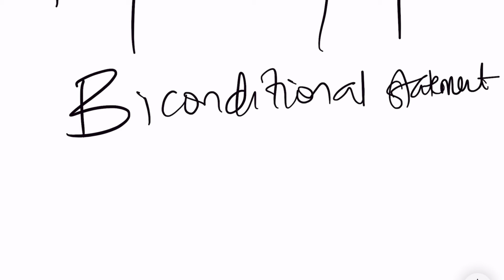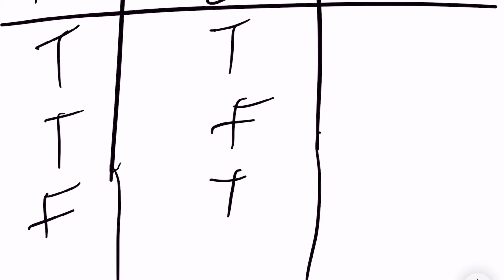Now we have the biconditional statement. We have P, Q, we have P if and only if Q. True, true; true, false; false, true; and false, false. For a biconditional statement, when we have T and T, it is true.